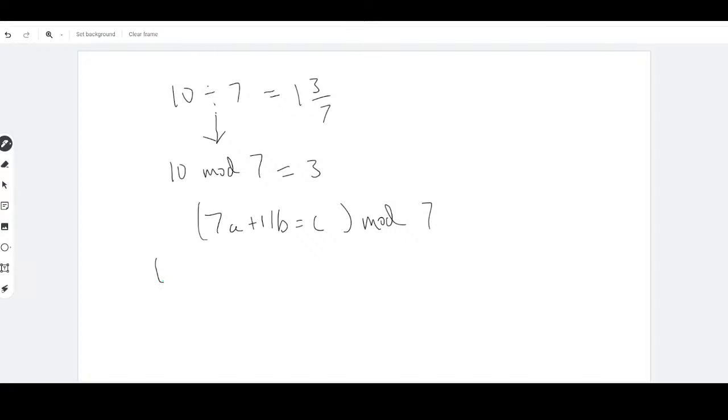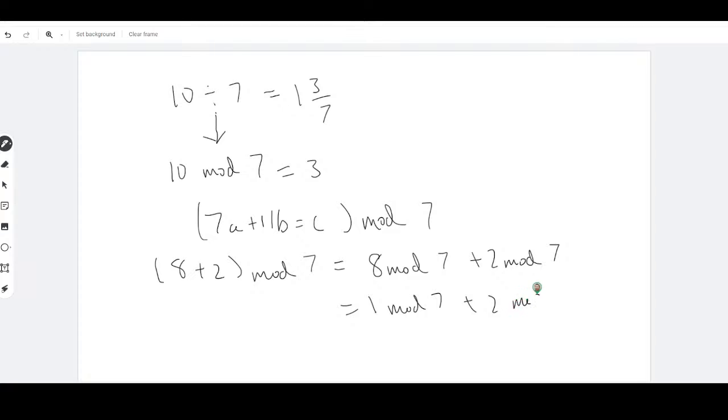Let's say you're taking 8 plus 2 mod 7. You can say this is equal to 8 mod 7 plus 2 mod 7, right? And 8 mod 7, the remainder of 8 divided by 7, is just going to be 1. So this is equal to 1 mod 7 plus 2 mod 7.